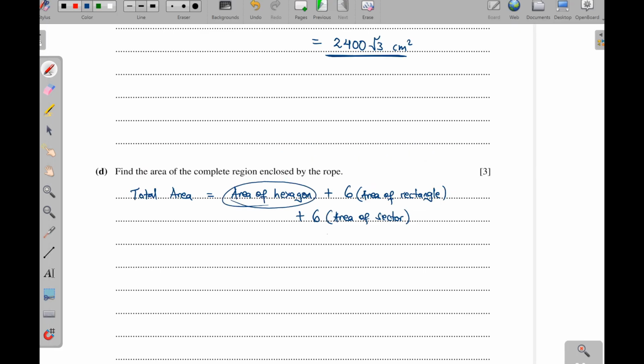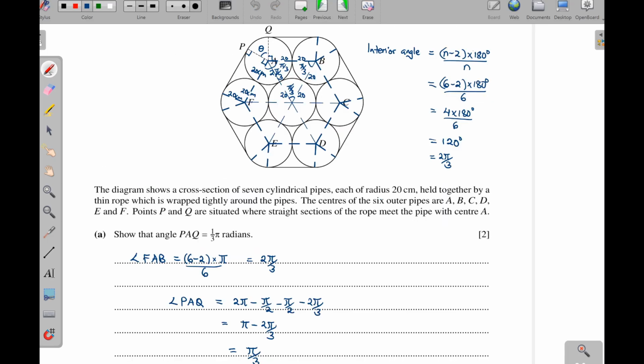Now, the area of the hexagon, we have gotten it as this, not so? So we shall have 2400 root 3, then plus the area of the rectangle. When I come back here and check the rectangle, of course, it will be length times width. So there is this one, which is 20, and then times this one, which is 40, not so?